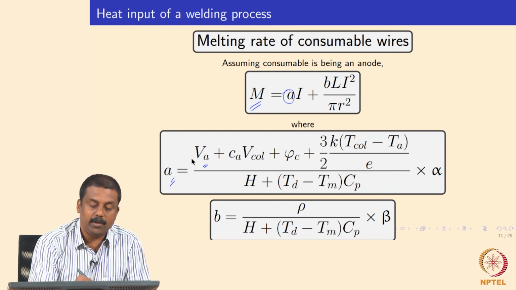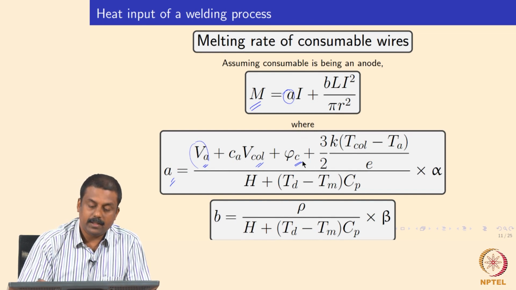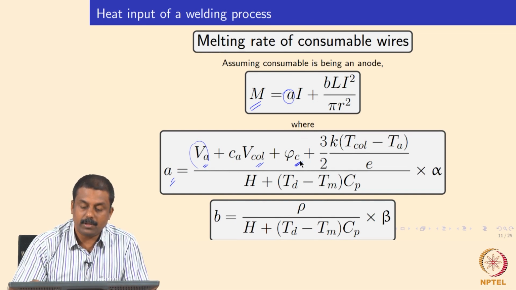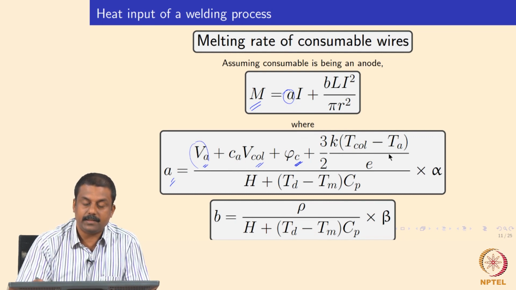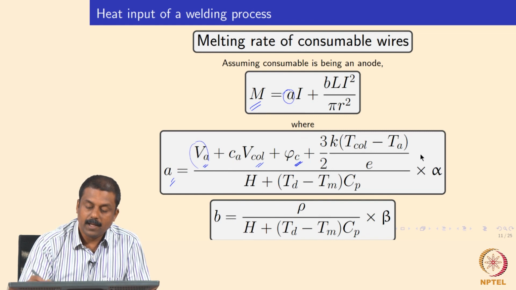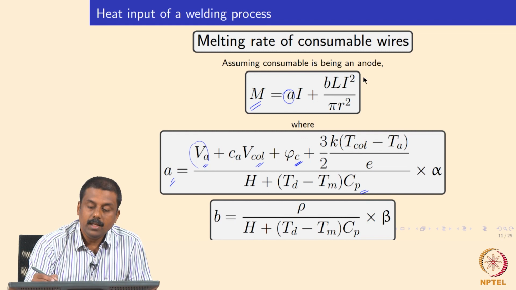For example, the anode voltage, the voltage at the arc column, the cathode ionization potential, the heat needed to heat the anode to the excitation or ionization temperature, and the heat required to melt the electrode and heat the electrode tip above the melting point. With that, we can now calculate the melting rate.